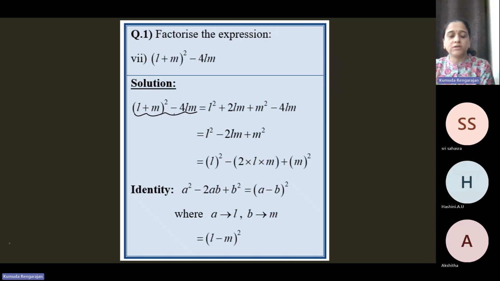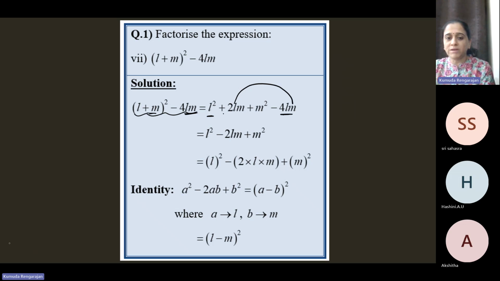So here you can expand this expression, l plus m the whole square. L plus m the whole square is like a plus b the whole square, which is a squared, l squared, plus 2 into a into b, 2lm, plus m squared. And then this minus 4lm as it is. So now these are like terms.